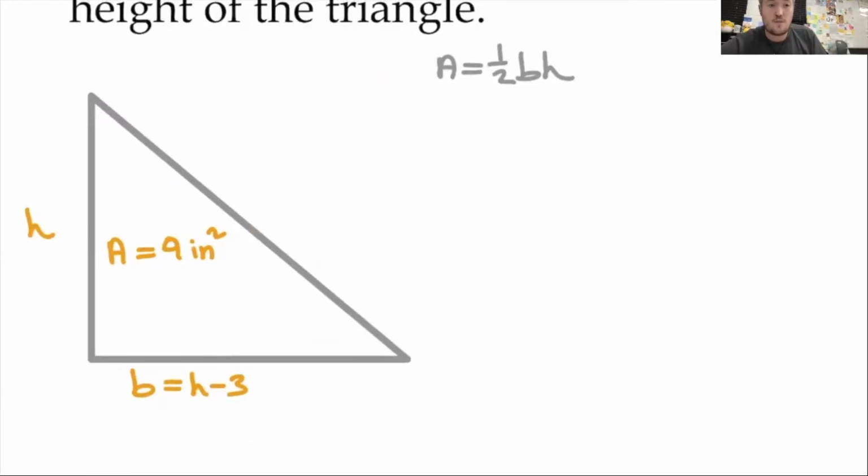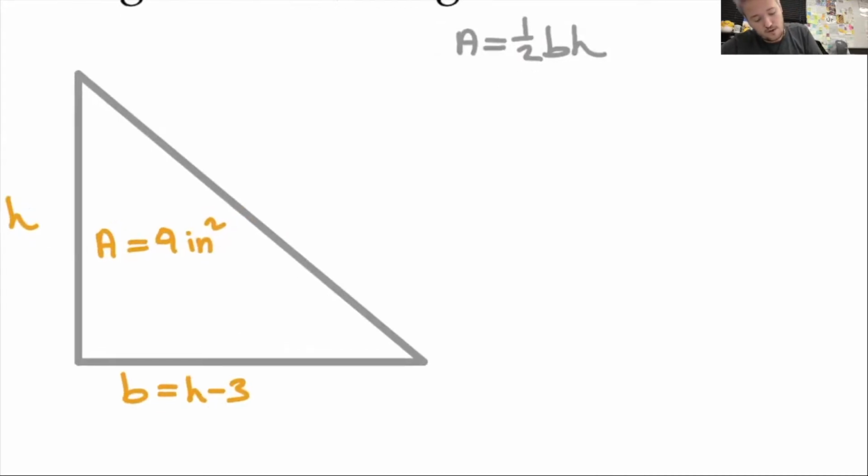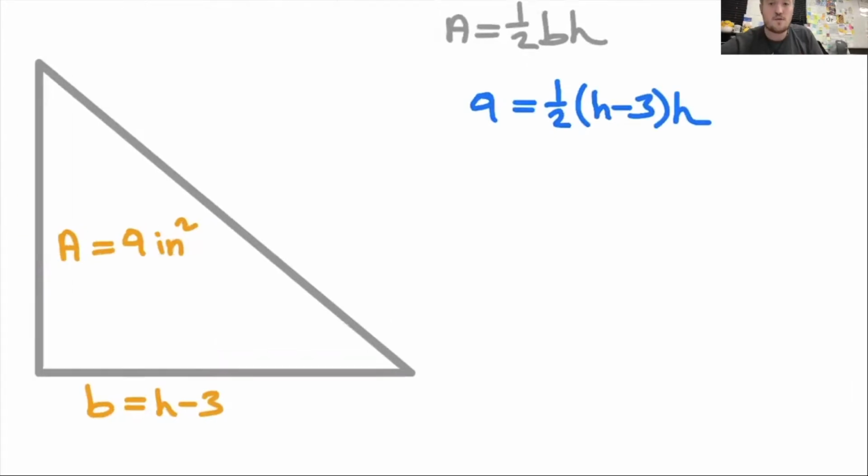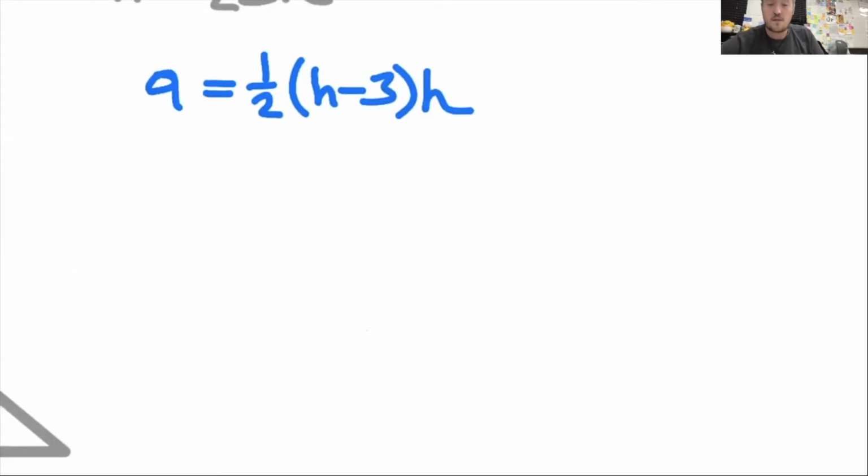So I'm going to plug everything into the formula in its respective location. The area is 9, then times 1/2. The base is going to be h minus 3. And then we just have the height, h, that we want to solve for. So this is what we're really going to be solving.